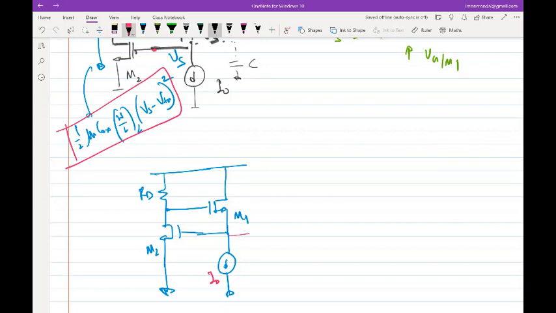Okay, so let's assume there is an incremental current delta I0 this way. This is equivalent to saying my I0 changed from I0 to I0 minus delta I0. So if this happens, what is likely to happen to this source voltage? Incrementally, it's supposed to increase, right? I'm pushing current in, so this is supposed to increase. Let's say this increased by Vs. If this increased by Vs, what's going to happen to the gate voltage of M1?